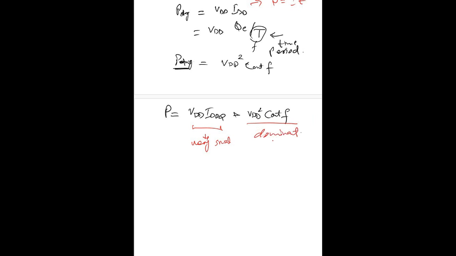If we ignore the first term, this power is basically directly proportional to the frequency. So if we increase the frequency, a fast circuit dissipates more power than a slow circuit. If we double the switching speed, the power will be doubled as well.